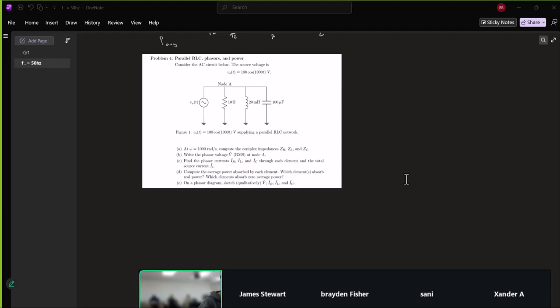Okay, so we have the angular frequency omega is 1,000, and we need to compute the complex impedances ZR, ZL, and ZC. So you just need to remember the formulas for impedances here. ZR just equals R, and so that's 10 ohms.